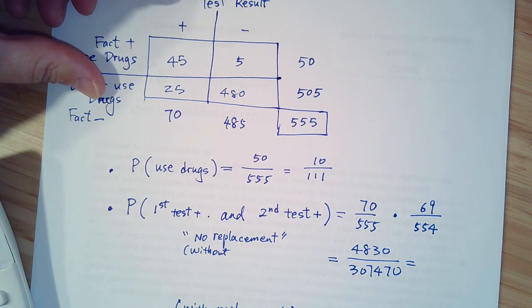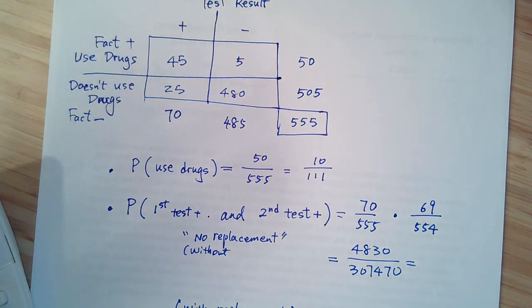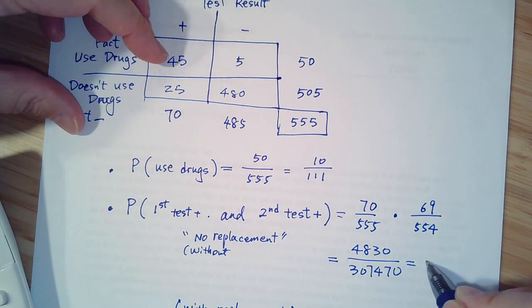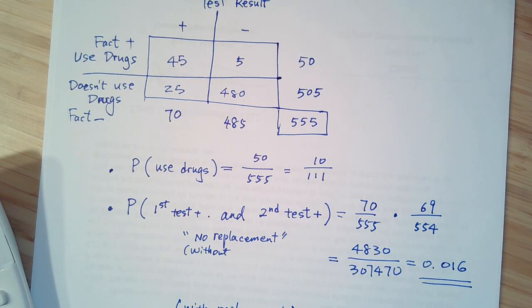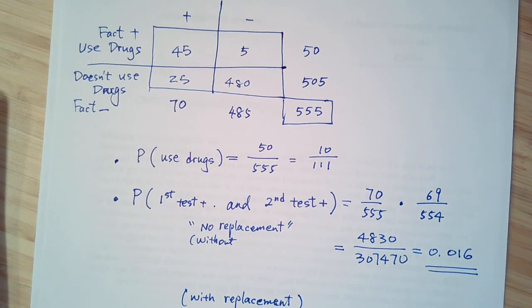All right, now 4830 divided by 307470, and the answer is 0.016. That's your probability. Okay, so this is without replacement.